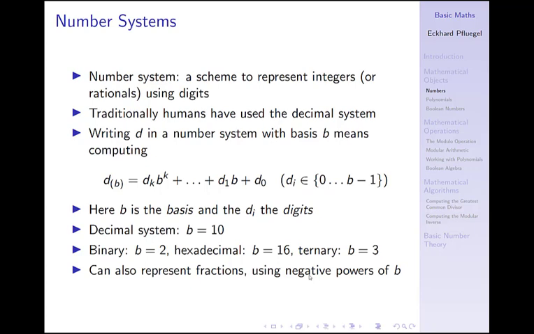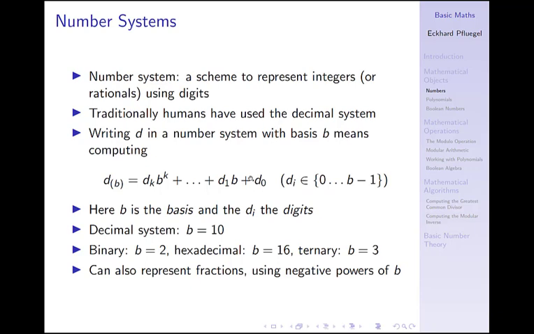Now, using some formal terminology, we would express our given number d in terms of a number system with basis b. Here b could be any number, but typically for the decimal numbers, b would be 10. So how would you write your number? You would write it as a sum of powers of b times the digits d_i.